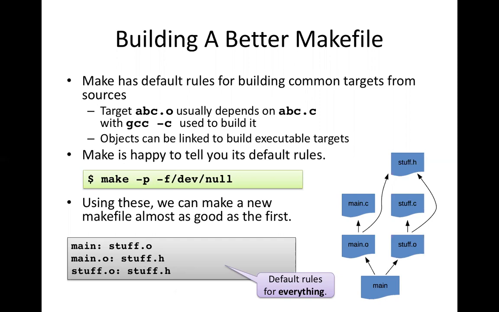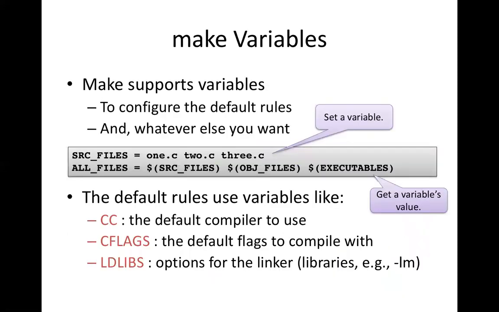But it is not smart enough to know what compiler options I might want. Make knows that a .o file probably depends on a .c file that has the same prefix, but it isn't necessarily smart enough to know that I'm using the C99 standard of C. There is a way to specify that stuff.